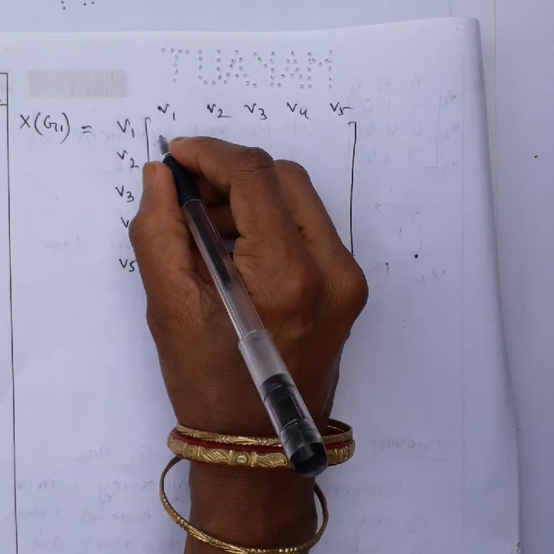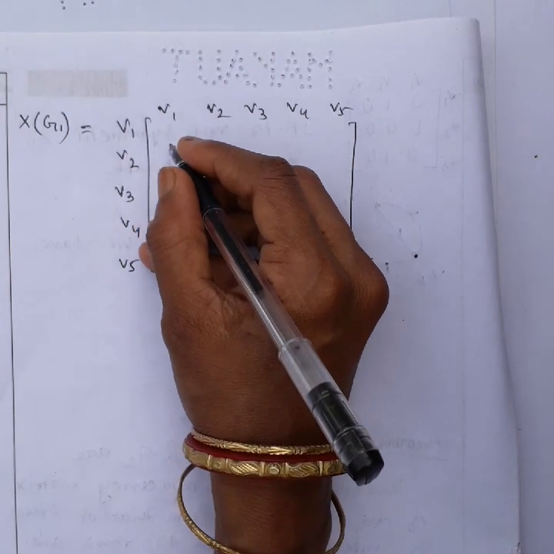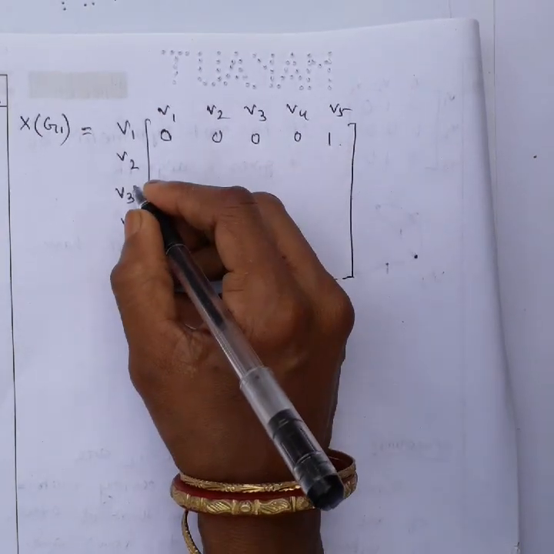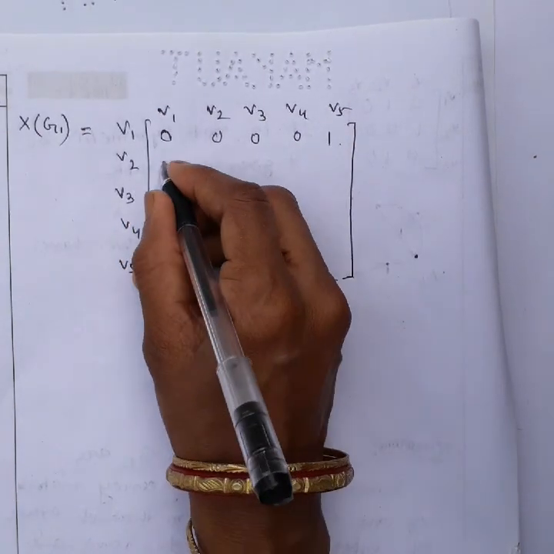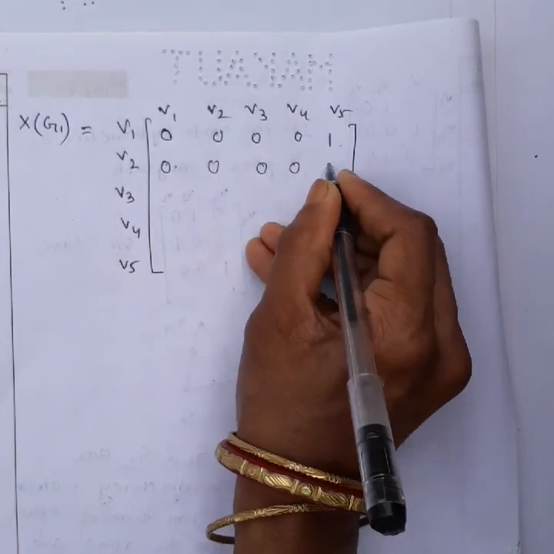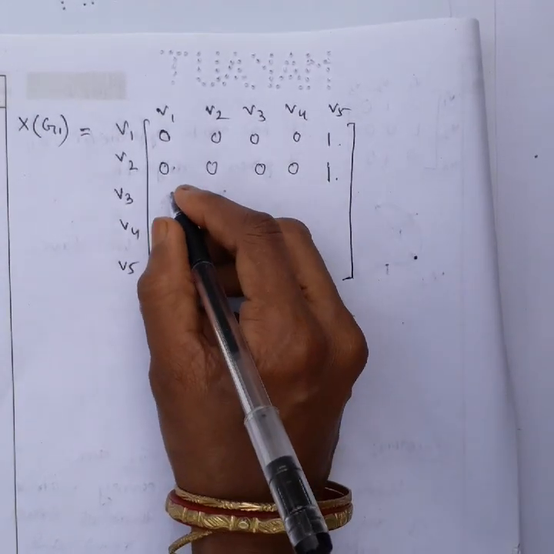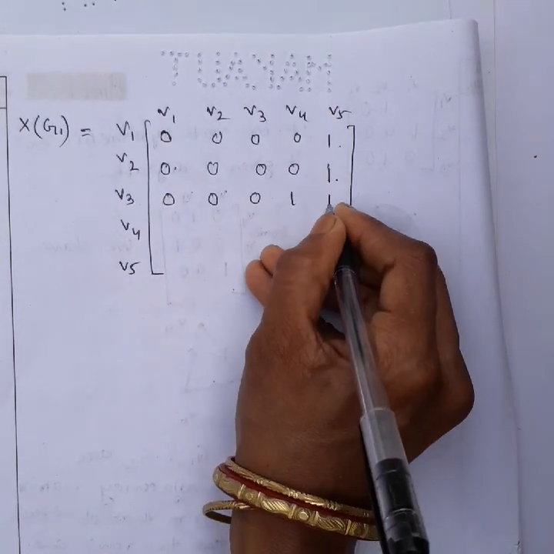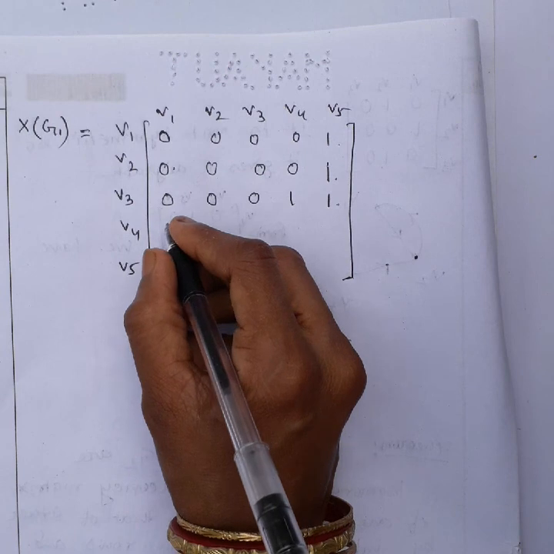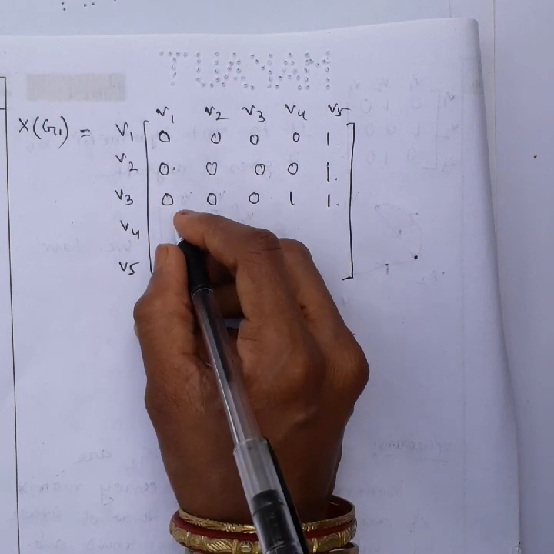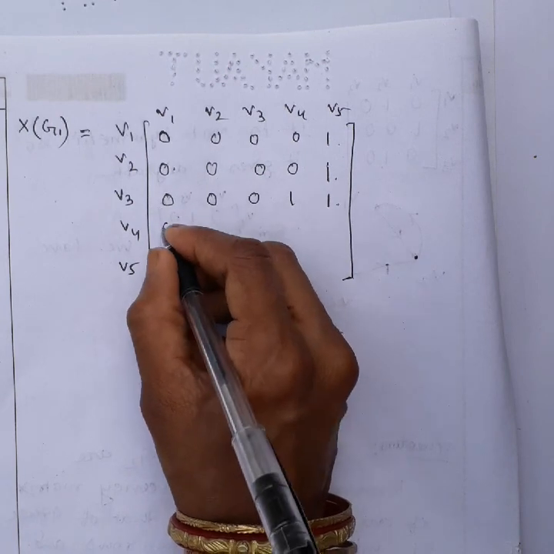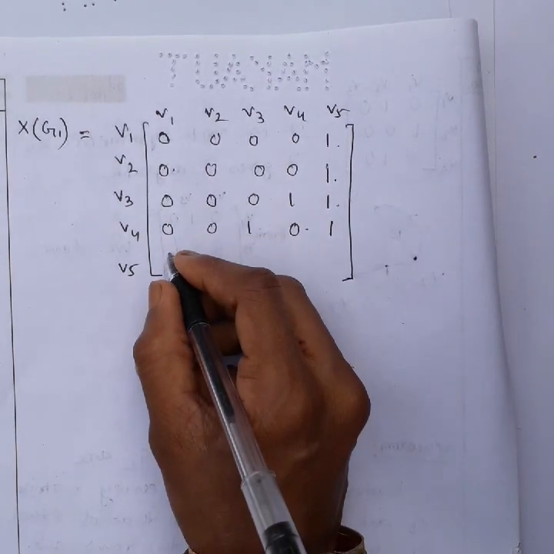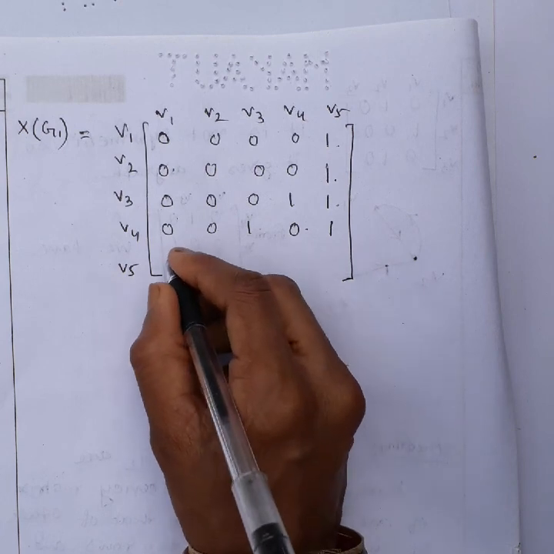Here V1 is connected to V5 only, V2 is connected to V5 only, V3 is connected to V4 and V5 only, V4 is connected to V3 and V5, and V5 is connected to V1, V2, V3, V4, all.